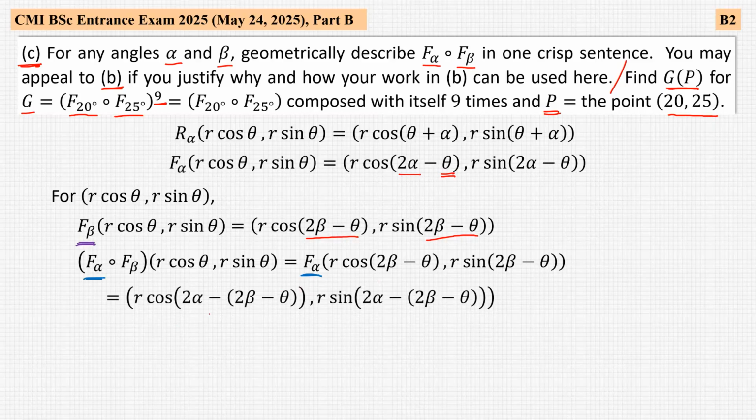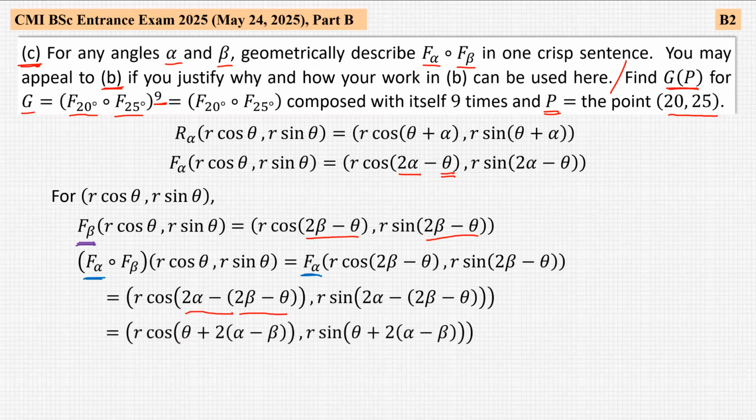So now we have the angle 2 alpha minus (2 beta minus theta), which can be written as theta plus 2 times (alpha minus beta). And again, this is in the same form as a rotation, now with rotation angle 2 times (alpha minus beta). Therefore, f alpha of f beta is equal to r of 2 times (alpha minus beta).